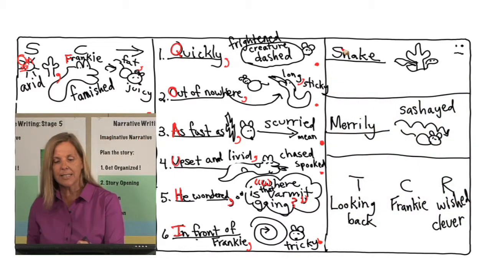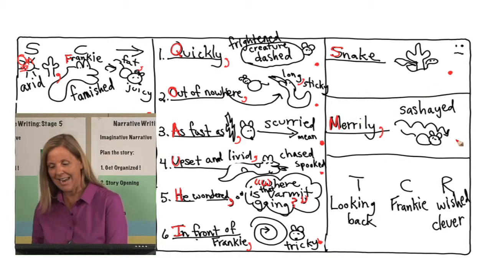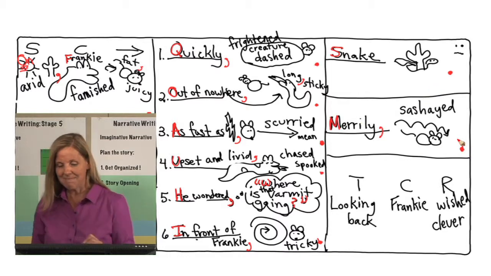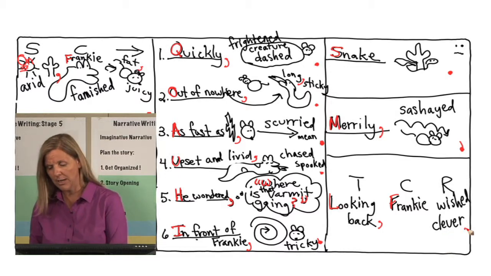Snake chased the mouse around a cactus and became tangled. Merrily, the mouse sashayed away, snickering and laughing at Frankie. Looking back, Frankie wished he could be more clever than the average mouse.